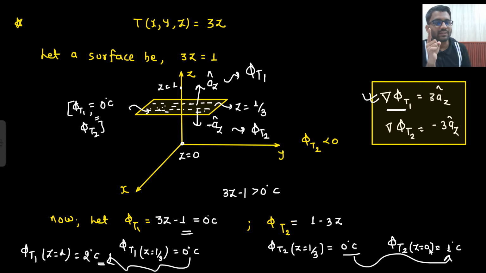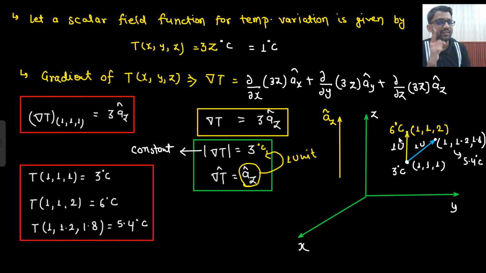Here the gradient was telling me that your temperature will increase by 3 degrees Celsius, and it was increasing. Why is that so? Because it was constant. It was not a function of x, y, z. So at each point your gradient was the same.